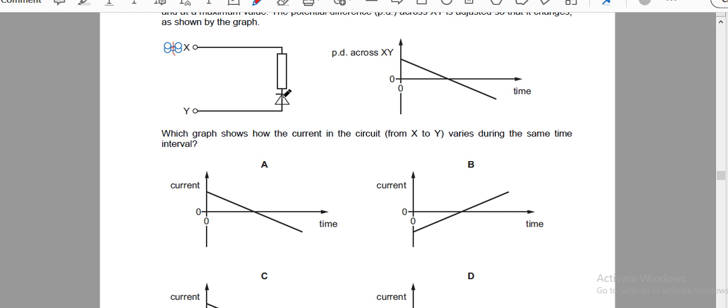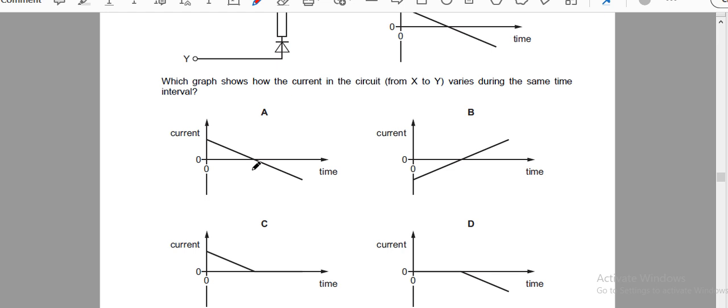So during the part where the potential difference across X, Y is positive, which means that X is more positive than Y, we do not expect a current corresponding to this part of the graph.